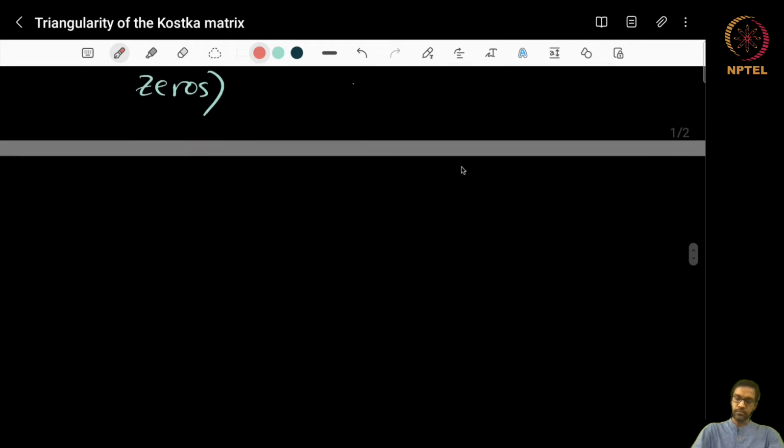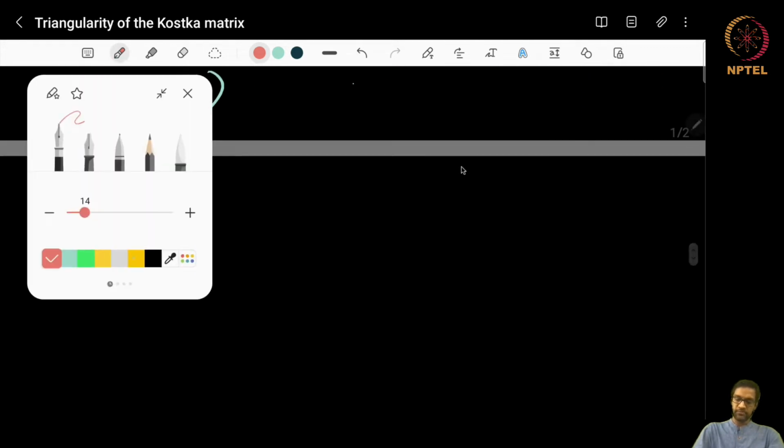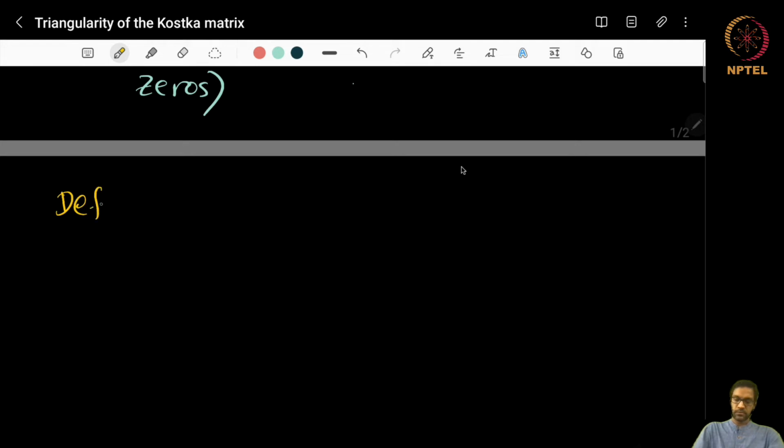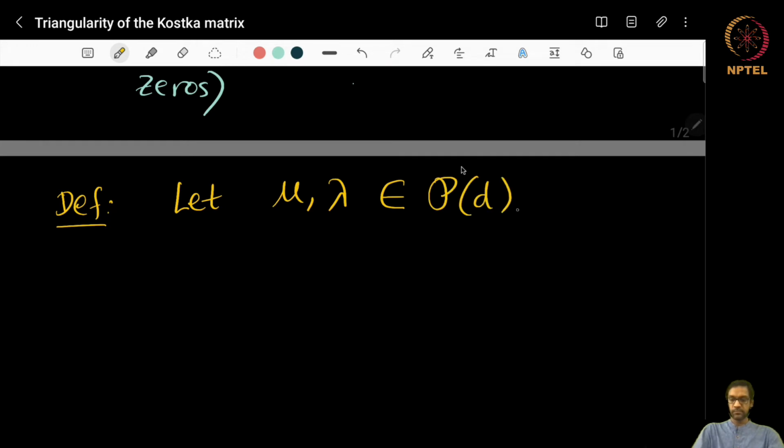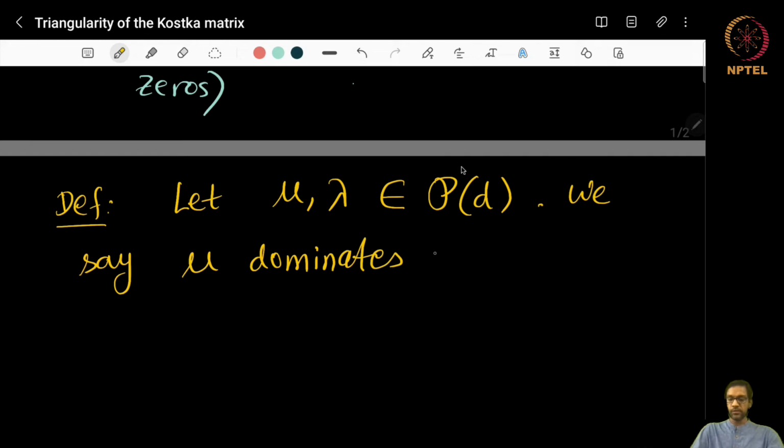Now let's make a more formal definition. Given two partitions of the same number, so let mu and lambda both be partitions of the same number, we say that mu dominates lambda, so it's going to be a partial order, and we write this as mu triangle lambda.